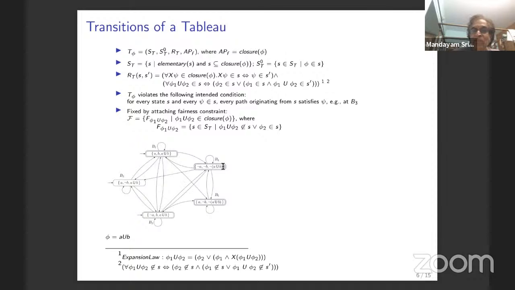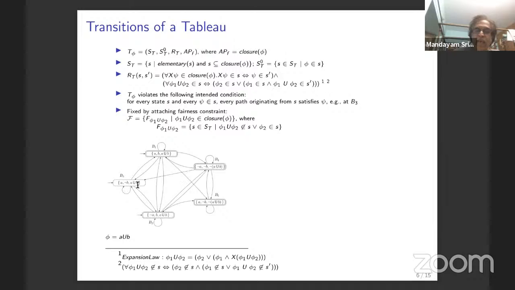So for example, when you go from here to here, here phi is not yet true. As long as you're here in B3, phi can potentially eventually become true. It is still preserving the constraint.